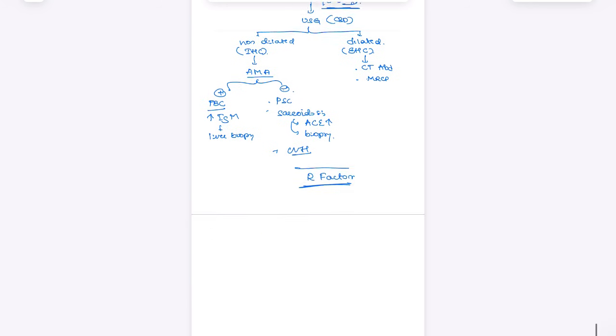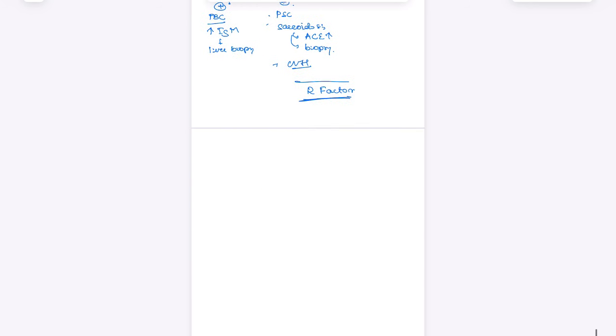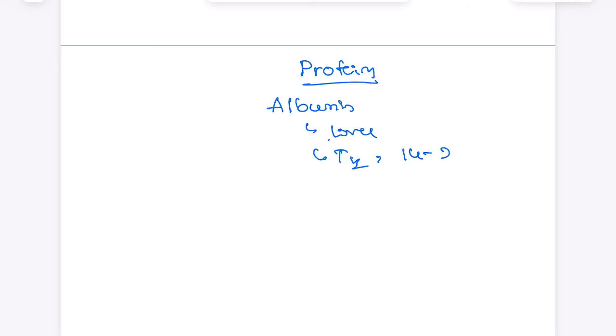Okay, next thing that is present in the LFT is your proteins. So among proteins, the majority is albumin. Albumin is exclusively produced by the liver. The half-life of albumin is 14 to 21 days.